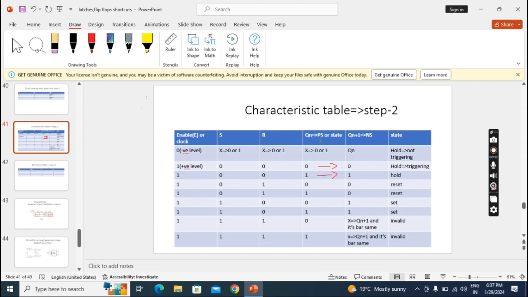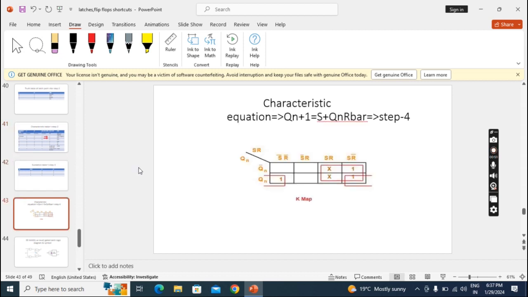Qn is also called the present state or state. Whatever the 1 values or X values, if we are doing with an SOP map, we have to substitute those in the K-map and determine the equation. So I substituted and determined, and I got Qn plus 1 equal to S plus Qn R bar.